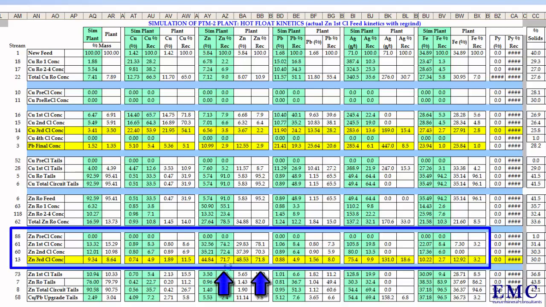You will notice that there's not much change to the zinc recovery because we're not changing the zinc kinetics. But you can see from the mass pull and from the grade that that has changed, and that is being reduced because I've increased the gangue kinetics.